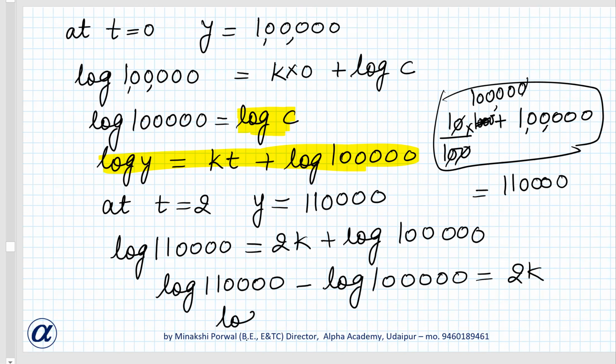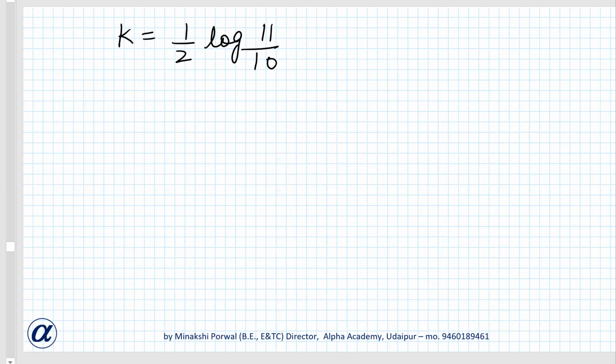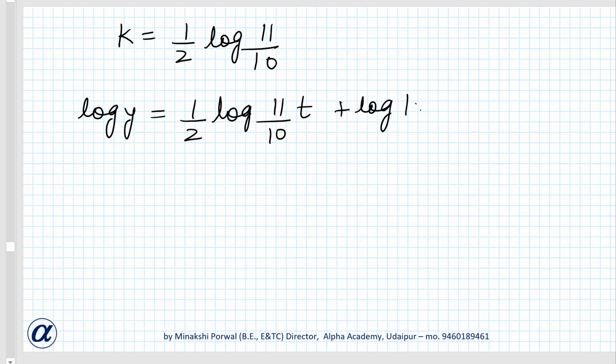So this will be equal to log of 11/10, because log a - log b is log a/b, equals 2k, or we get k = 1/2 log of 11/10. Now, in the highlighted equation, I am going to put the value of k. That gives log y = 1/2 log of 11/10 times t plus log of 1 lakh.